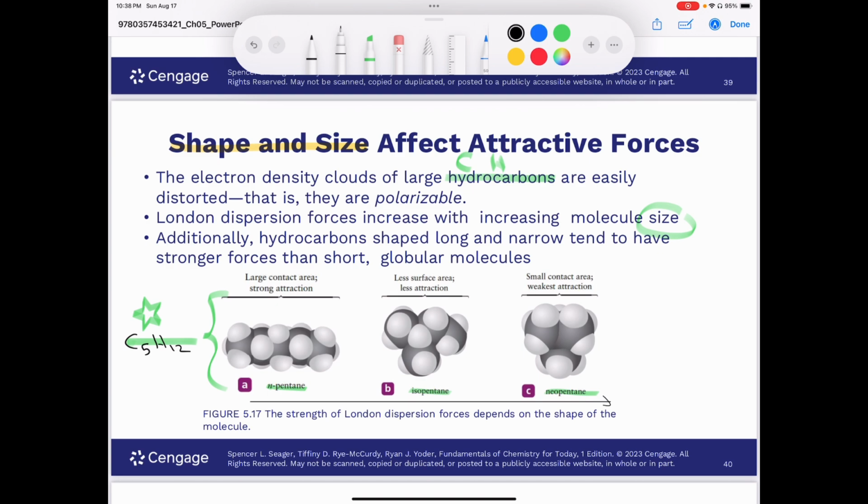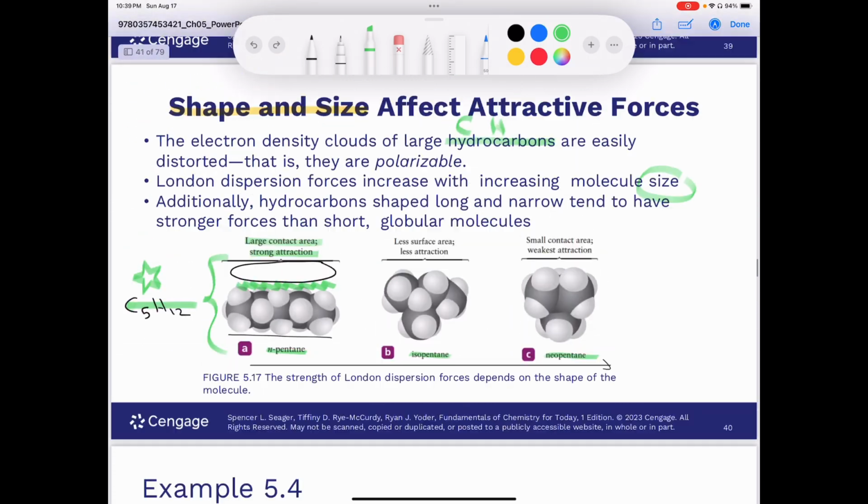Because when you have a molecule that's linear, like the N-pentane, it's going to have a strong attraction between two molecules of N-pentane. Because if I draw a second molecule that looks like this, maybe, okay, there's going to be a lot of surface area that can come into contact between the two molecules. But once you start branching it, like you see this branch sticking off here, you get less attraction.